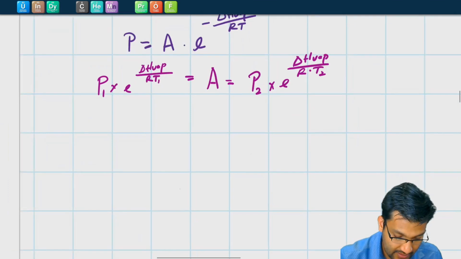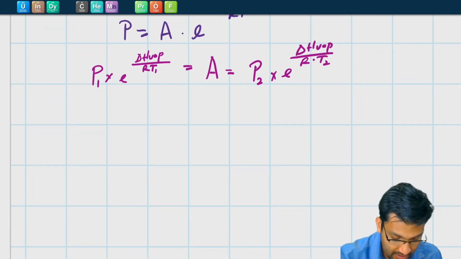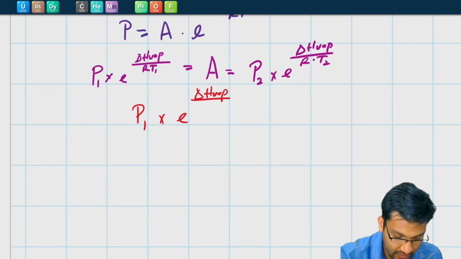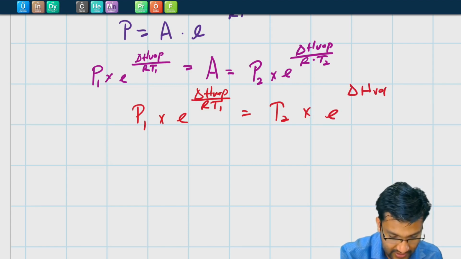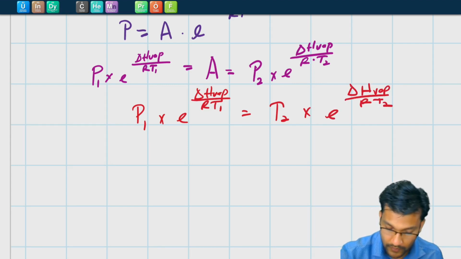So then we can set these two things equal to each other. P1 times e to the delta H of vaporization over R times T1 is equal to P2 times e to the delta H of vaporization over R times T2.